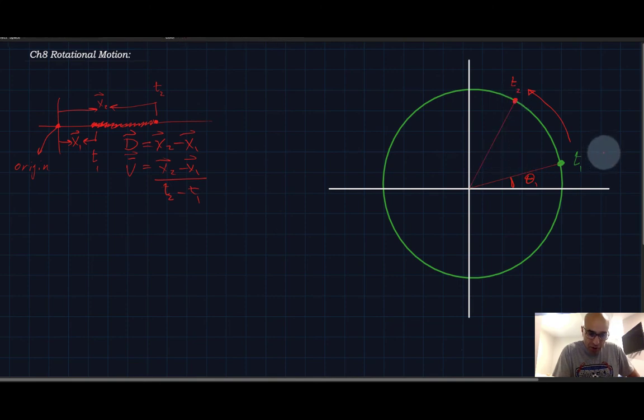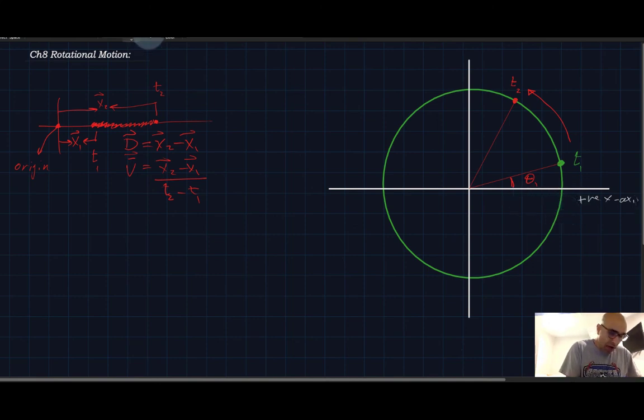So we measure the position with respect to what? The positive x-axis. So this is the positive x-axis. That's what we do always. We measure the position, we call it angular position.